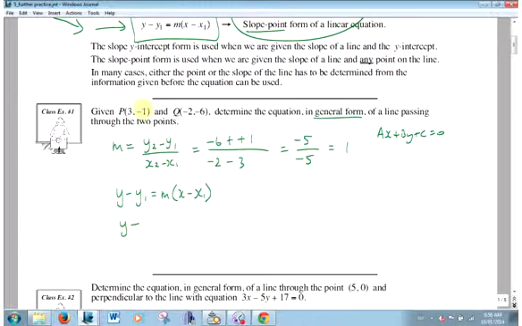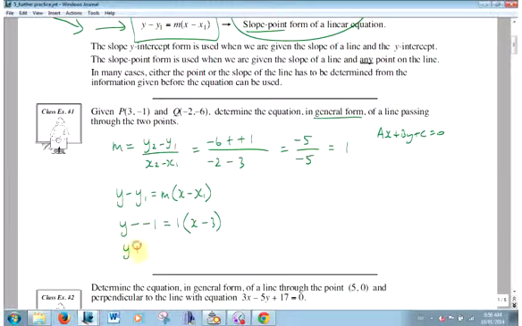So y minus y1 is minus 1 equals m times x minus x1 is 3. Okay? That's the equation of this line. But I just got to put it in general form because that's how they want it. Okay?